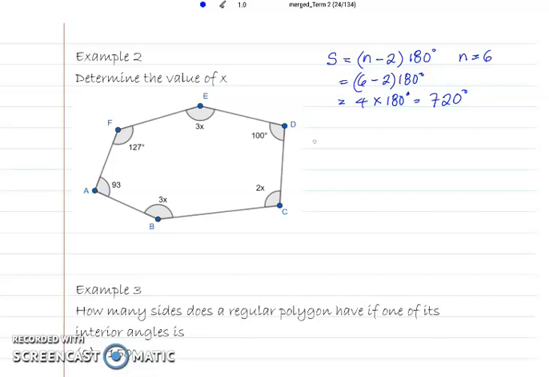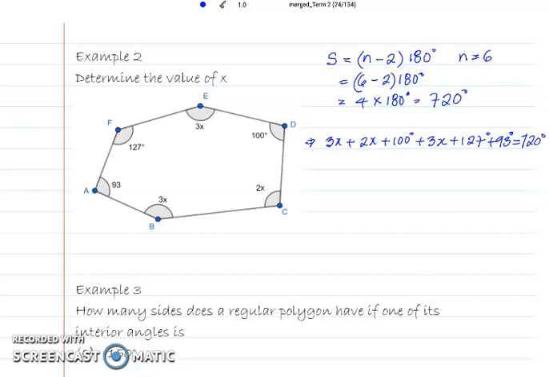So the sum of the 6 interior angles at A, B, C, D, E, and F is 720 degrees. So therefore, I can use that information and form an equation: 3x plus 2x plus 100 degrees plus 3x again plus 127 plus 93, and the sum of all of these six angles is 720 degrees.